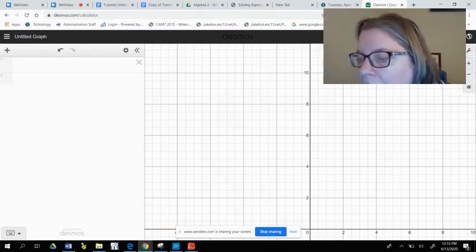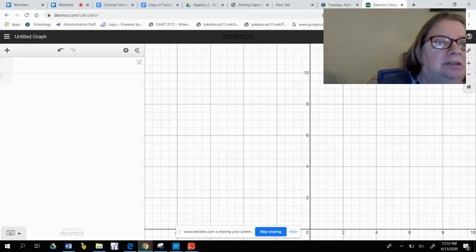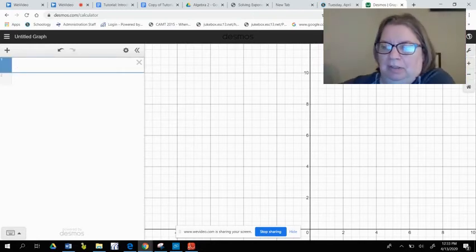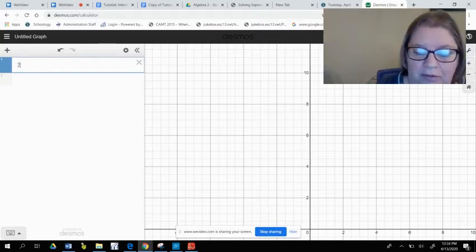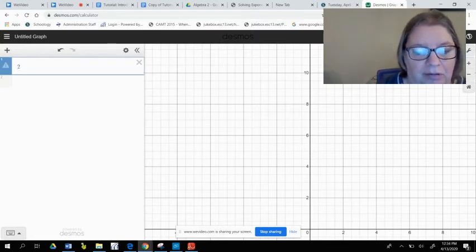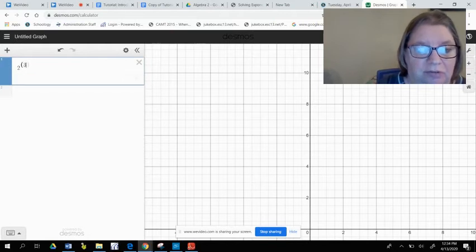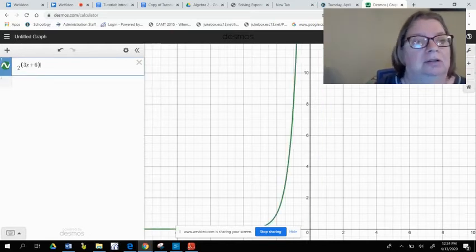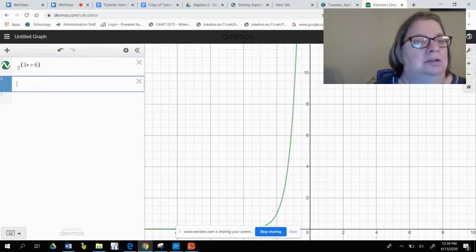Our first equation on one side is 2 to the power of parentheses 3x plus 6 close parentheses. And the other one was 8.